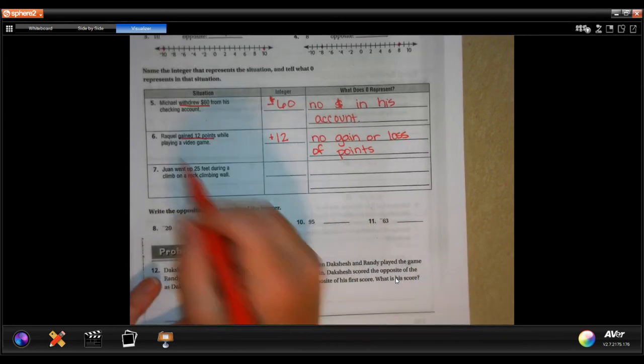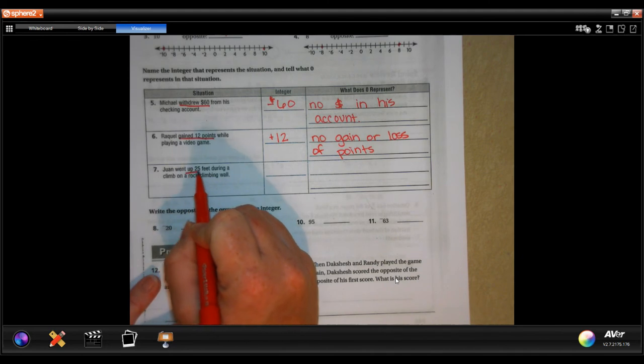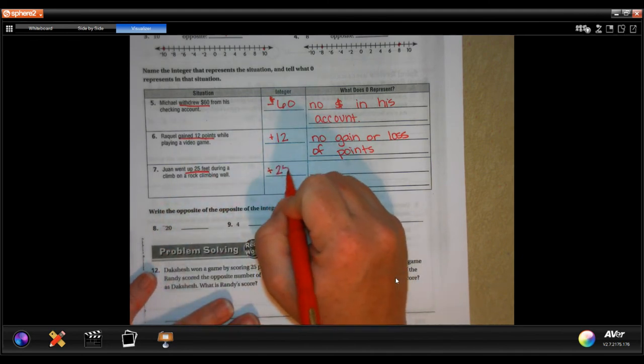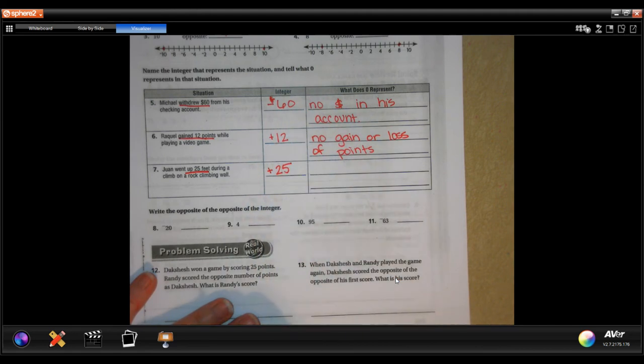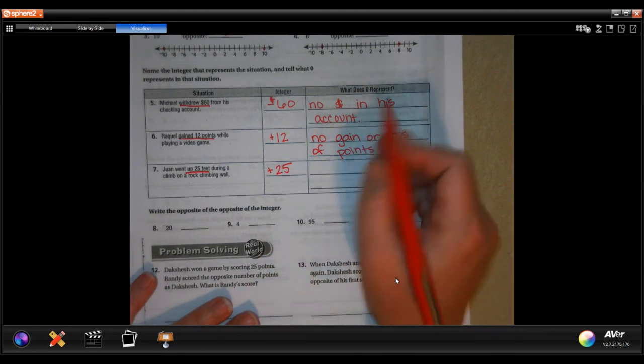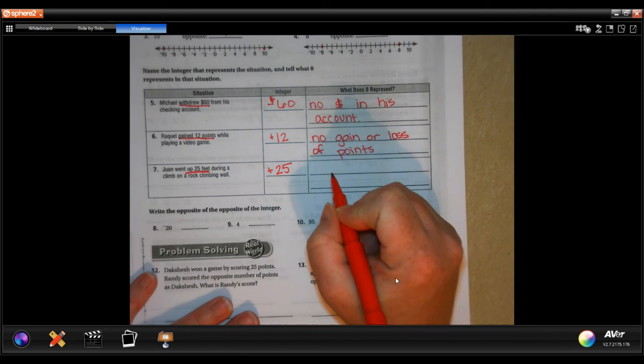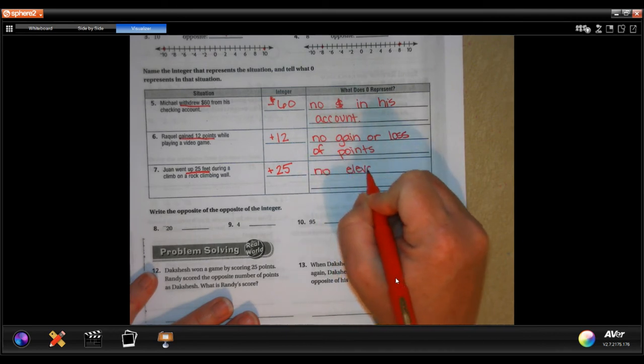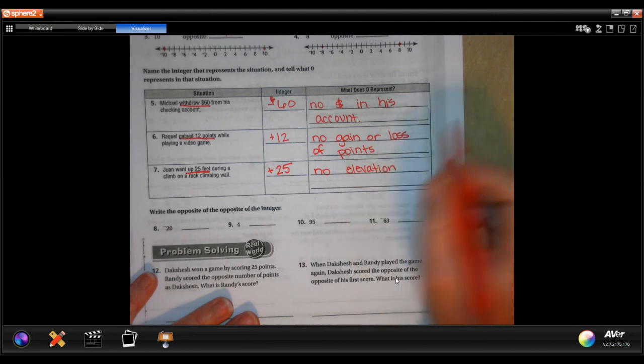Next, he went up 25 feet during a rock climb at the wall. He gained 25 feet. So if it was 0, there would be no change in elevation. Elevation is just how high you are.